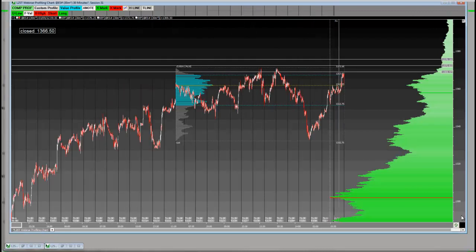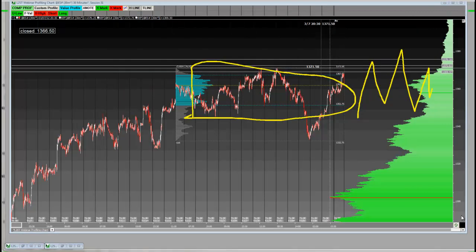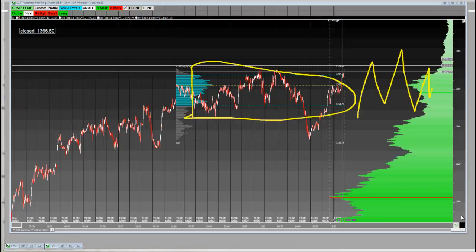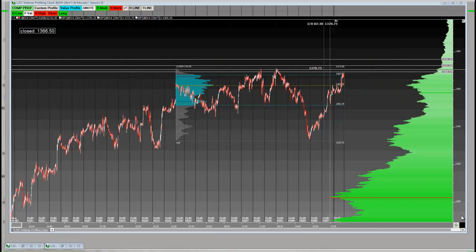Now, on the E-mini S&P, I'm happy if I get a 7 to 10 point move, and that's normally what I'm looking for. And that's 30 to 40 ticks, 35 to 40 ticks. Okay, so in a nutshell, that's the basics of trading around balanced markets.